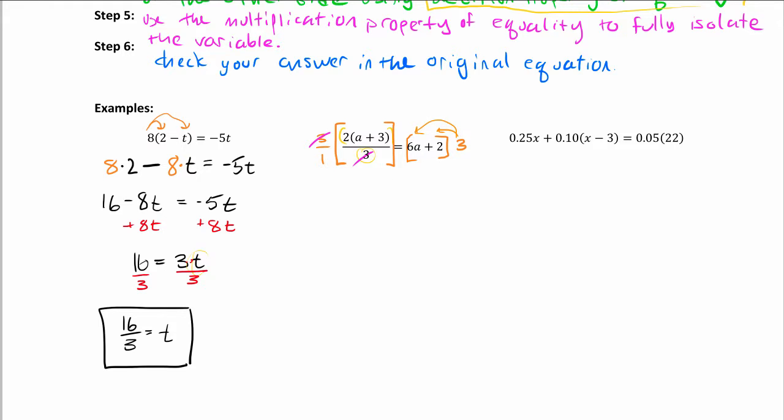And I end up with this. On the left, that 3 canceled, so all that's left is 2 times a plus 3. Over here, I have 3 times 6a plus 3 times 2.